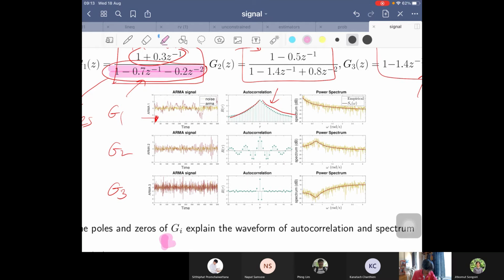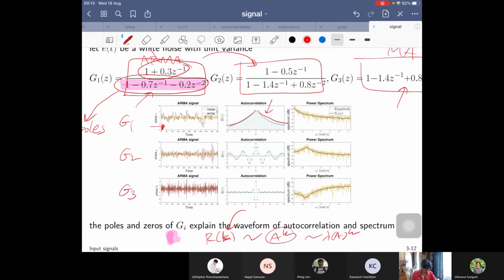The autocorrelation function, as a function of k, depends on A to the k, where A is a matrix in the state space representation. So it depends on the eigenvalues of A. For a time series model like this ARMA process, the eigenvalues are associated with the poles of the system, so the rate of decay is specified by the roots of this polynomial.